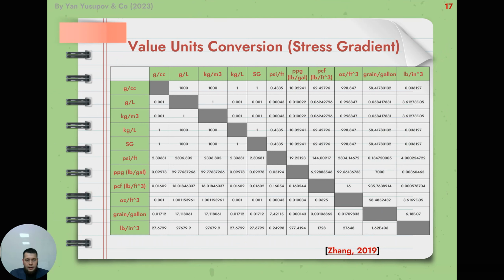Similarly, here is a value unit conversion table for stress gradients. It can be recalculated from, for example, grams per cubic centimeter to PSI per foot to specific gravity, etc.